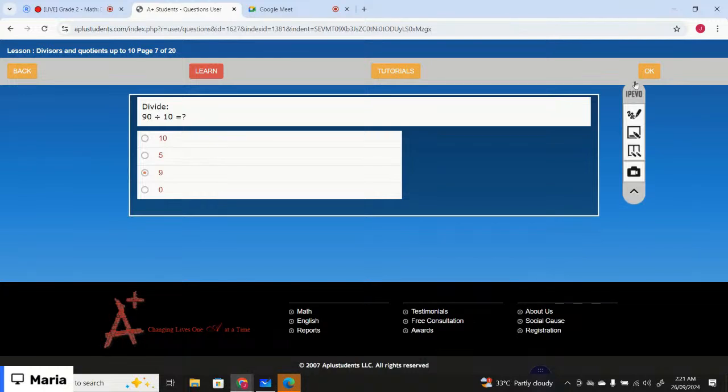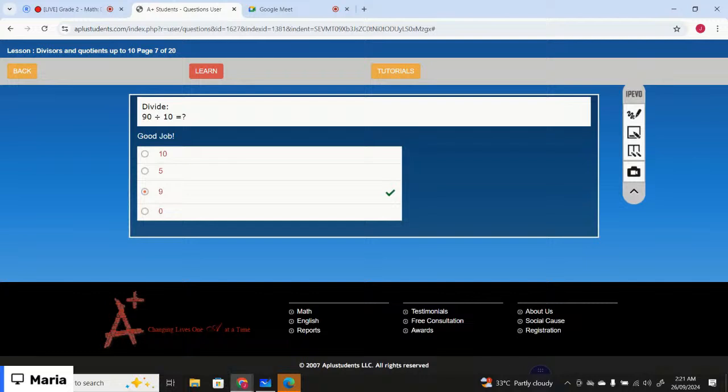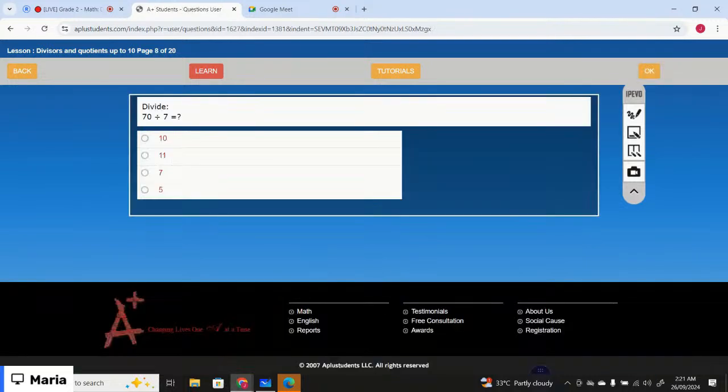The correct option is 9. 70 divided by 7, which is the correct option? 10 it is, right? 70 divided by 7 is 10.